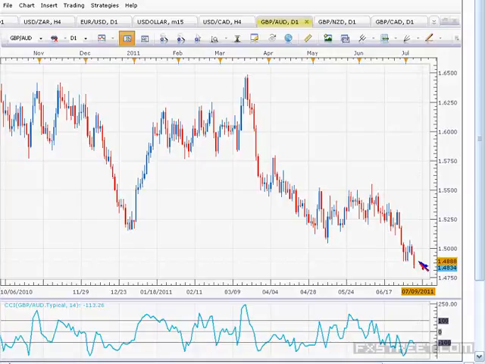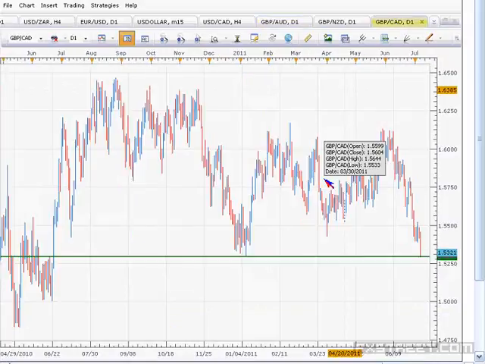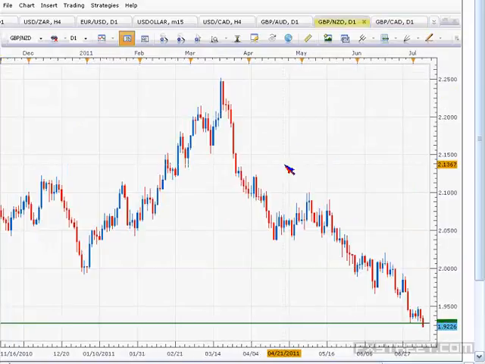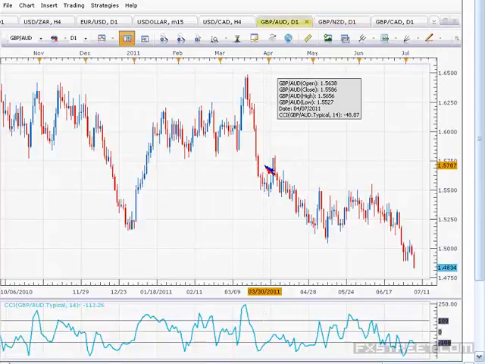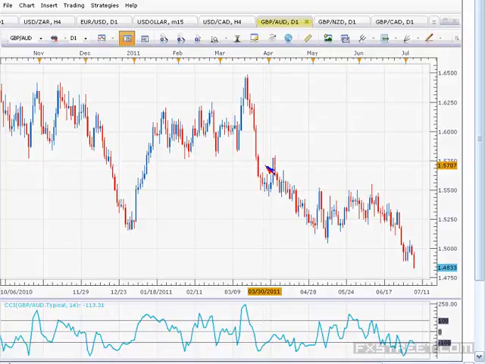We know a little bit about hindsight now, but which of these three currency pairs, you can only place one trade, would you place a breakout trade on? Would it be the pound CAD, which is this guy right here? Would you play a breakout trade on the pound New Zealand, which is this guy right here? Or the pound Aussie, which is this guy right here? So go ahead and type that into the chat box. We'll give you guys a minute or so to get that in there.